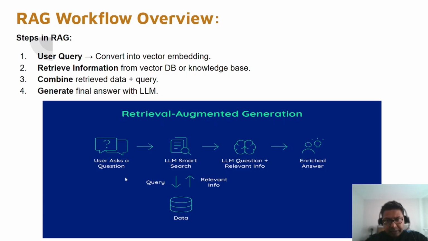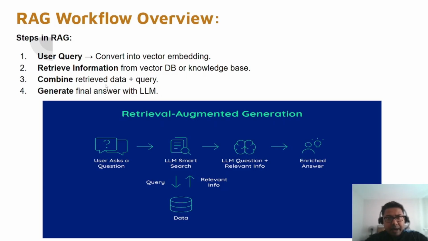If you see here, someone has asked a question, and this LLM smart search is converting this question into a vector embedding, then passing that vector embedding as a query to this data and getting the relevant information. That is the retrieval.